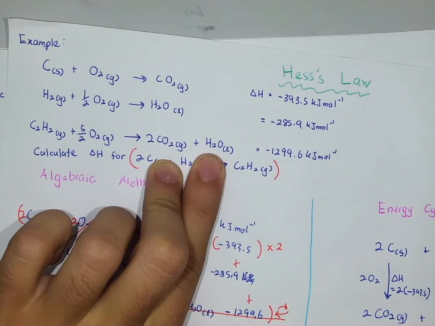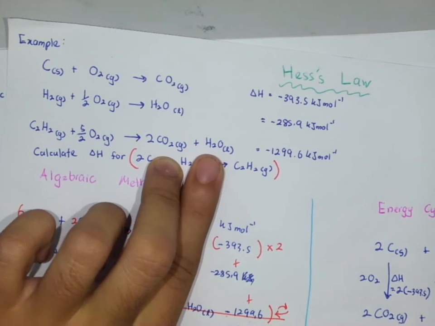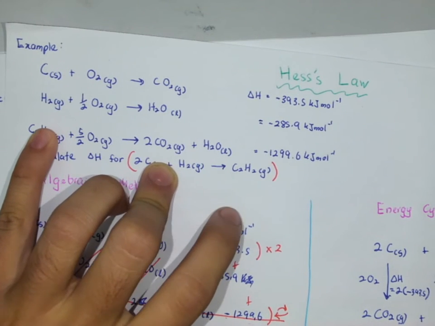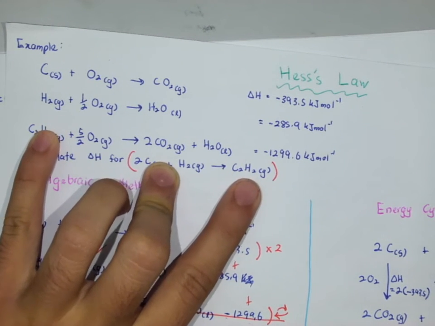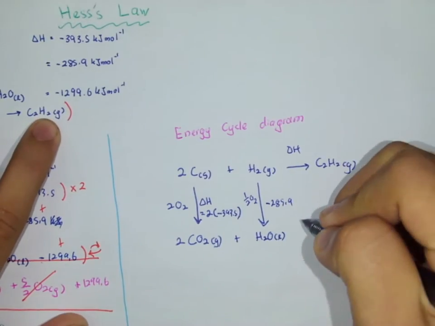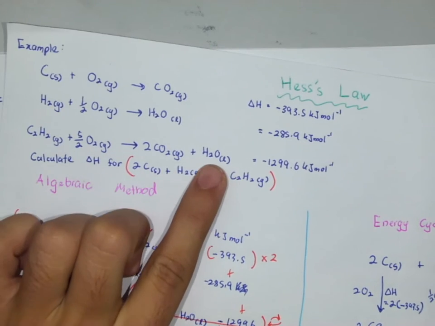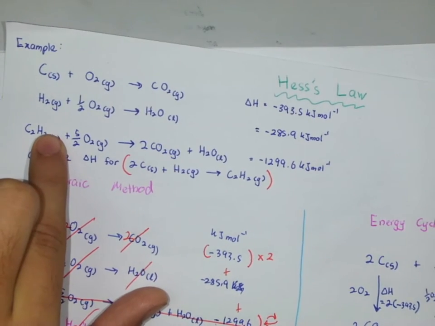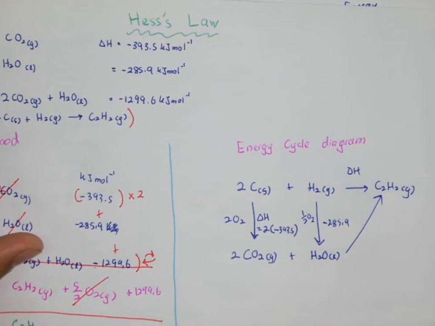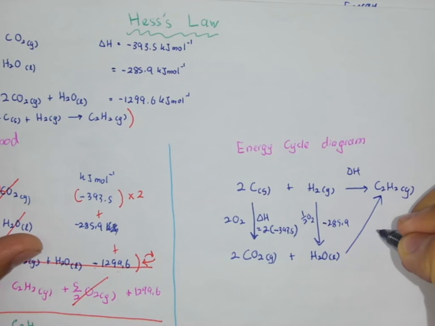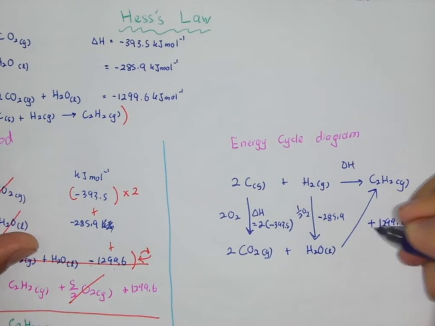Okay, and fortunately CO2 tambah H2O also akan produce our product yang kita nak sini. Alright, so what you can do is kita letakkan sini. But now we having a product to reactant. So apa yang you guys perlu buat is you perlu terbalikkan lah. So daripada negative 1299.6 you terbalikkan menjadi positif.